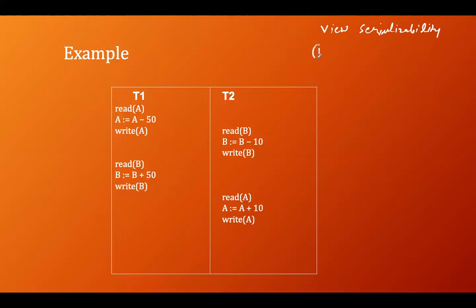The first one is who is reading the fresh data. You can see here, T1 is reading data A first, as well as T2 is reading B first. Getting it?